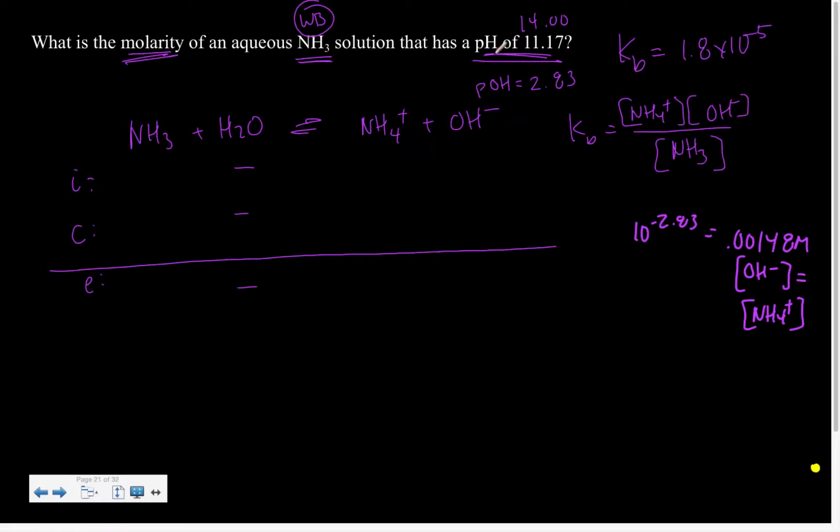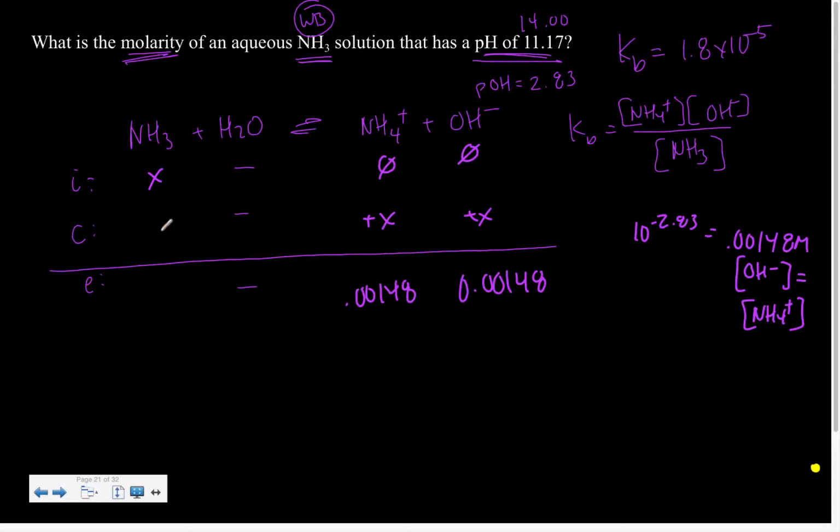So then, this is what we don't know, right? But we do know that this ends up being 0.00148, right? We know that this ends up being 0.00148, starting from what, right? 0, right? And this is plus x, right?